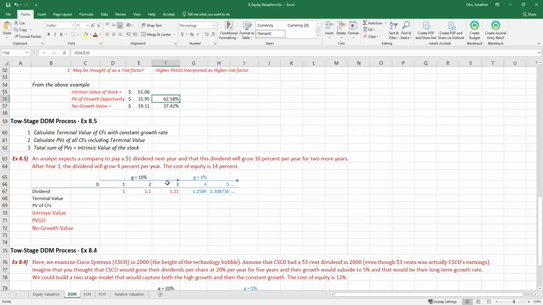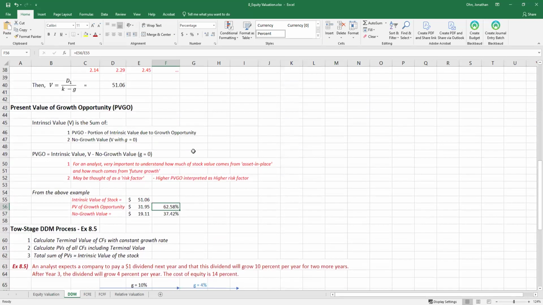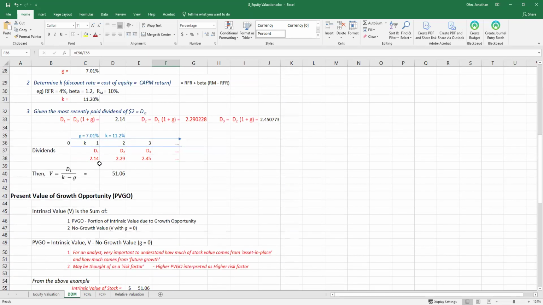So year 1, year 2, year 3, the growth rate of 10% is high. But after year 3, it is stabilized at 4% forever. I mean, permanently. Okay. So this portion is the portion that we discussed above here, right?